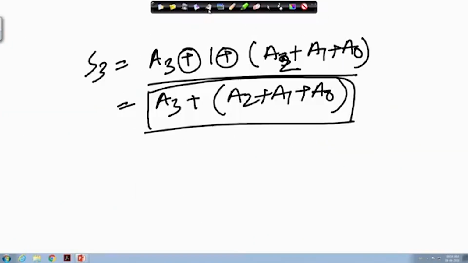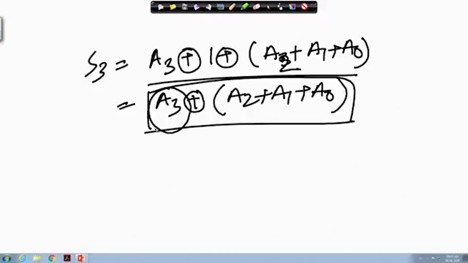Now, from this can I generalize this particular equation? If you follow, whenever we are traversing to the MSB side, the corresponding bit is XOR with the lower side, that means the next corresponding bits which are OR to each other, and then inversion of that.